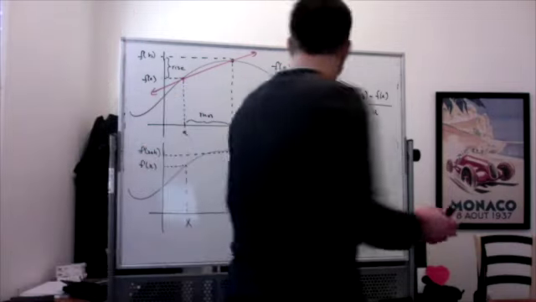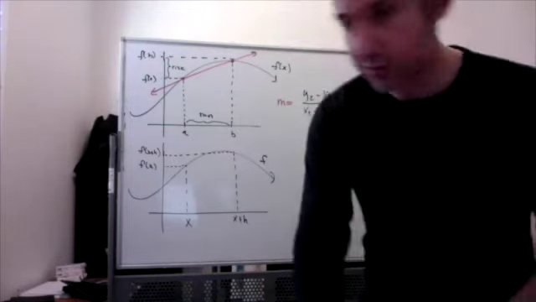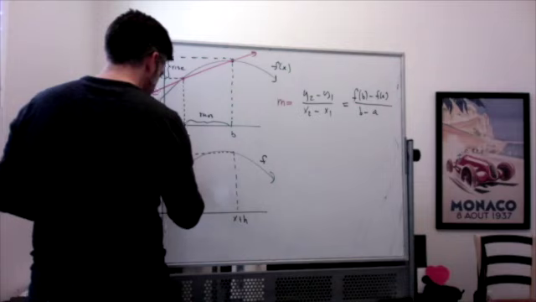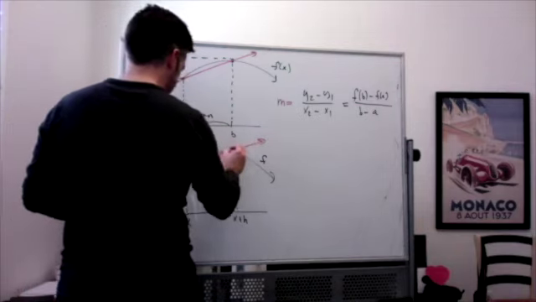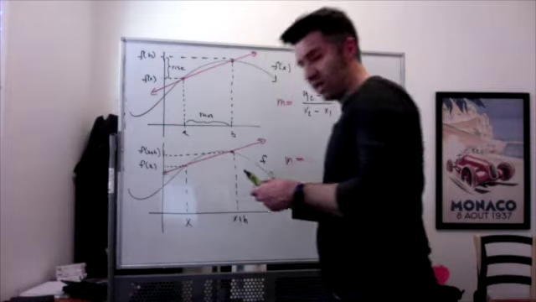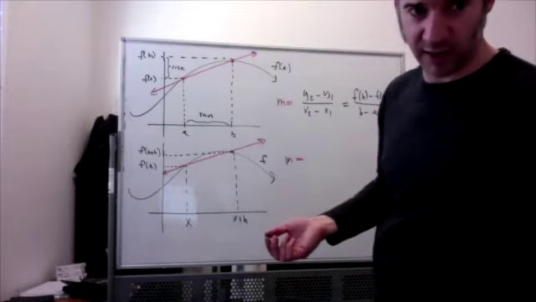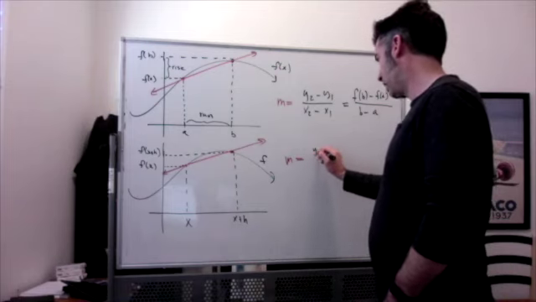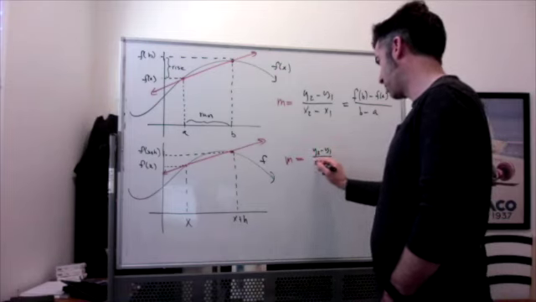So if I want to find the slope of the secant line now, again, it's still going to be the difference in the y's divided by the difference in the x's. So now it's going to be y2 minus y1 over x2 minus x1.